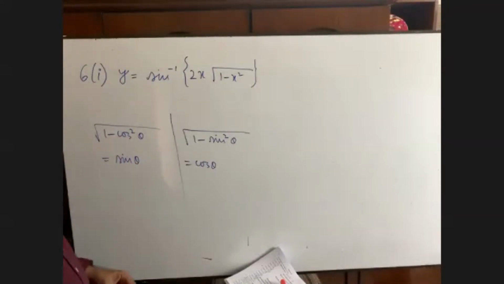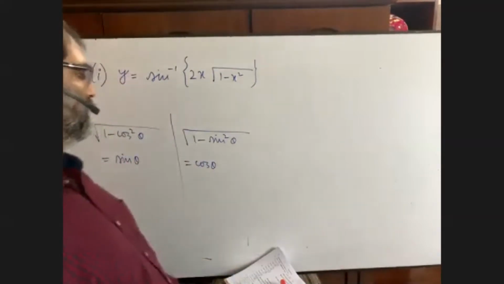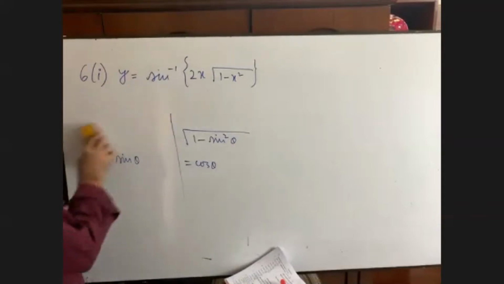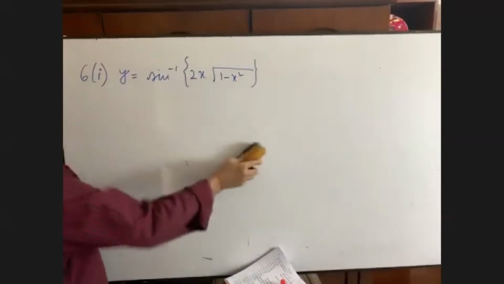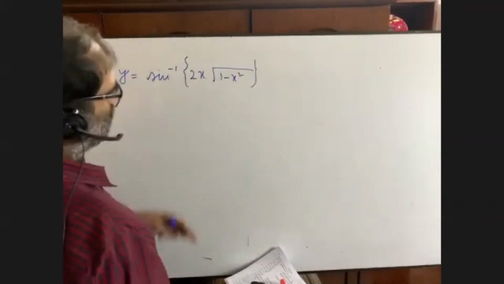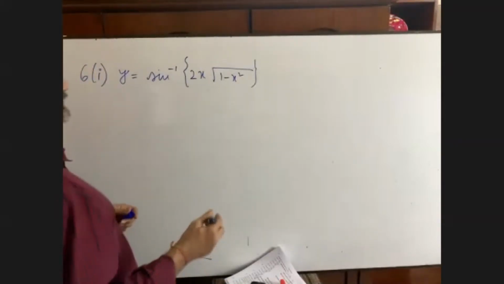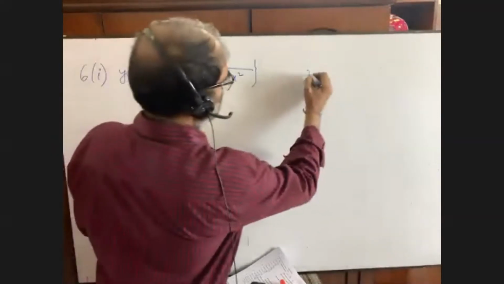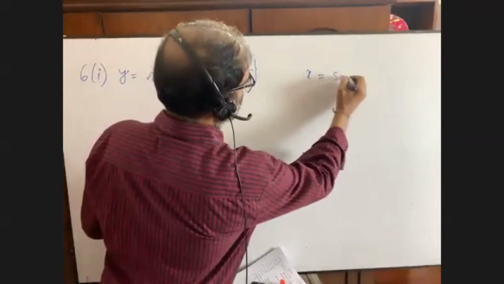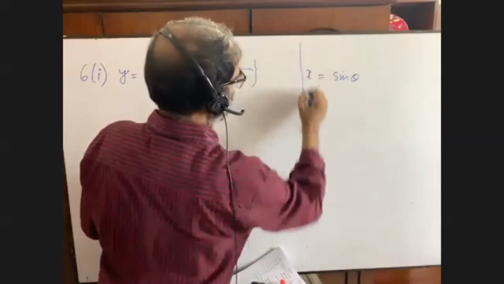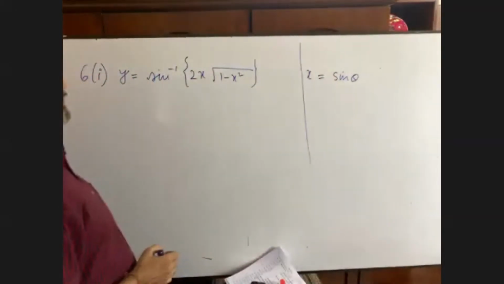So you have the option to let x be sine theta or cos theta. This type of math where there is root over something, you will always let x equal sine theta or cos theta. Okay, x equals sine theta.